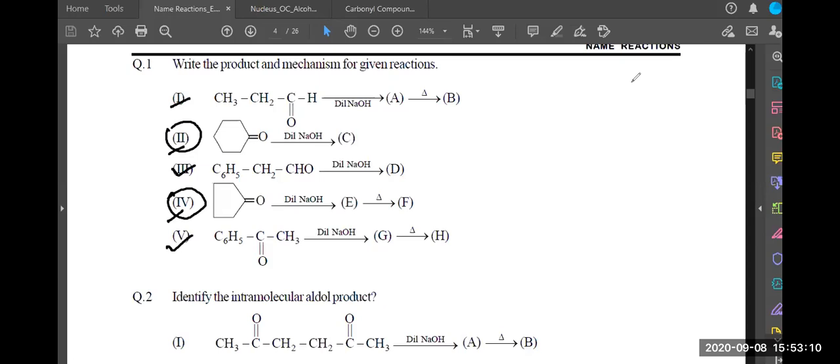Out of them, which will be the nucleophile and which will be the substrate? Suppose I'm having cross-aldol condensation: ketone or aldehyde, which will be nucleophile, which will be substrate?